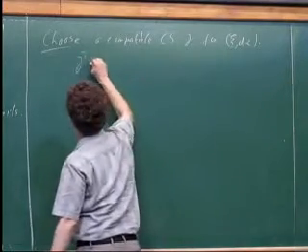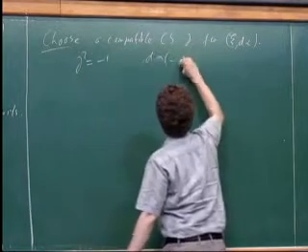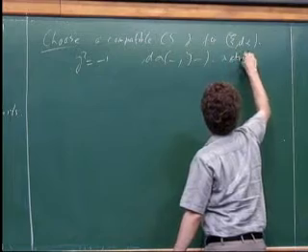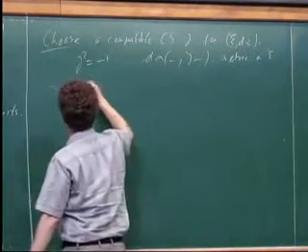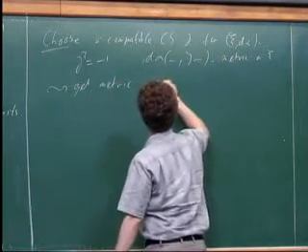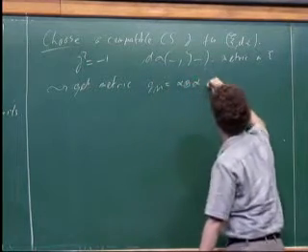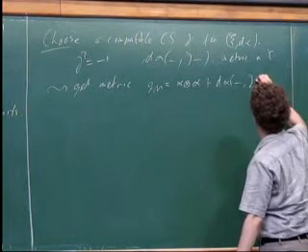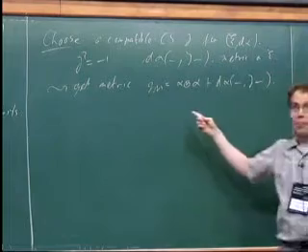So J squared is minus 1, and this should be a metric. And then, of course, we get a metric G on M, which is alpha tensor alpha plus d alpha with J inserted into the second slot. And that's a metric on M.